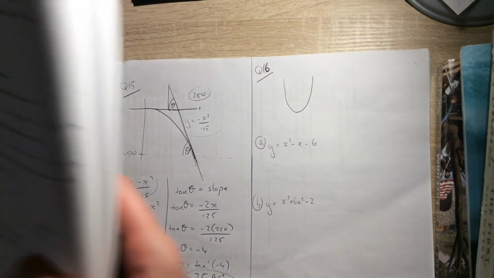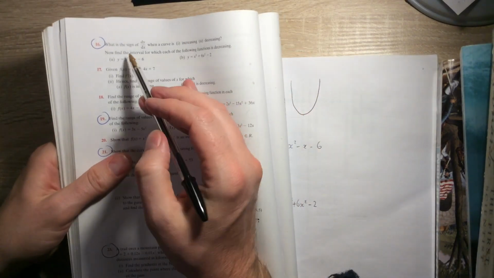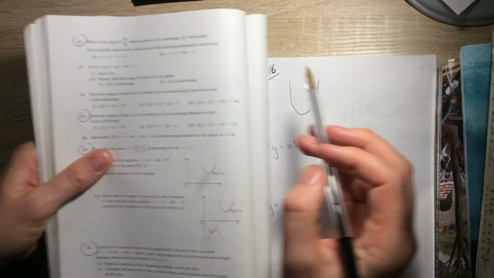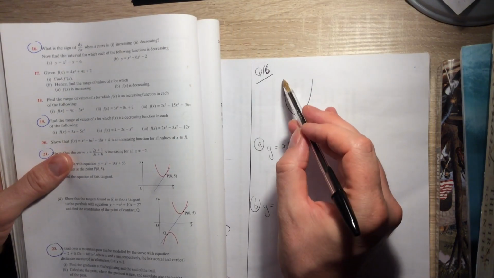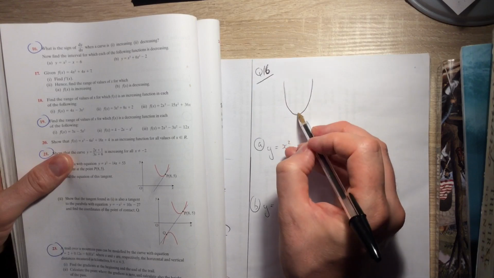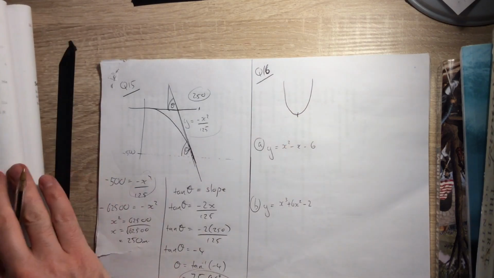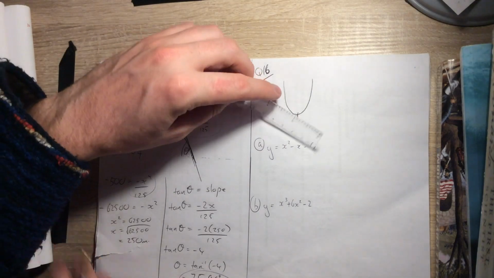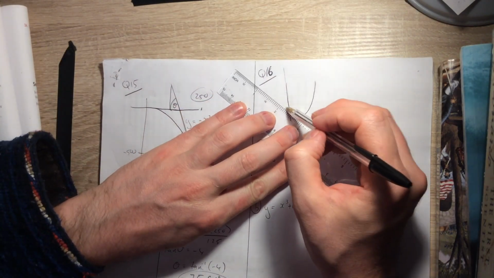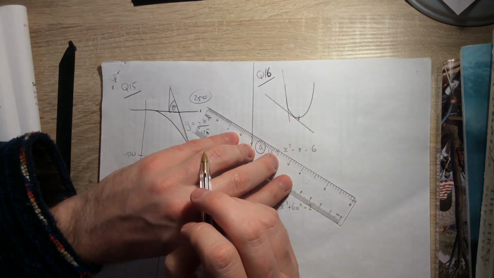In question 16, what is the sign of dy dx when a curve is increasing or decreasing? So if here's a curve, if the curve is decreasing, it means as you move left to right, you're moving down. So down as far as here, any tangent line I might draw has a negative slope.